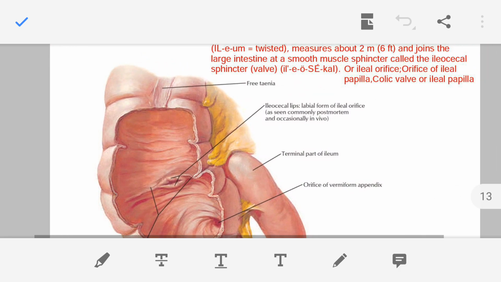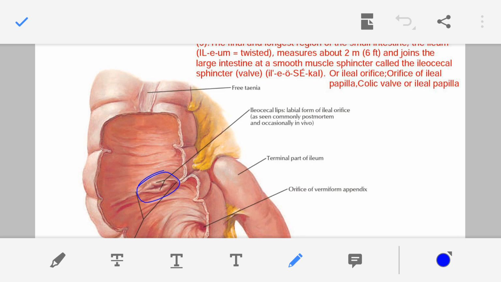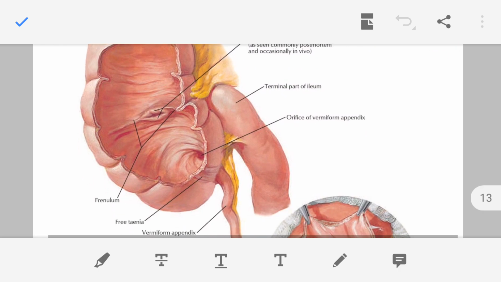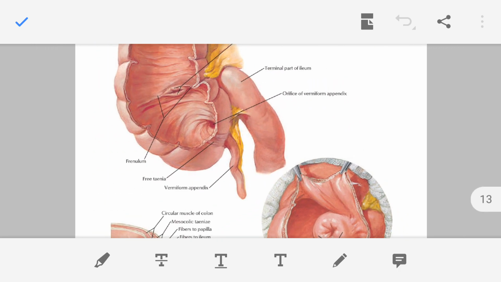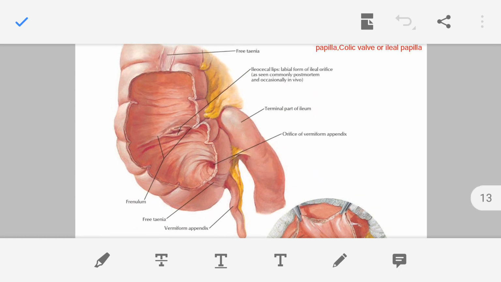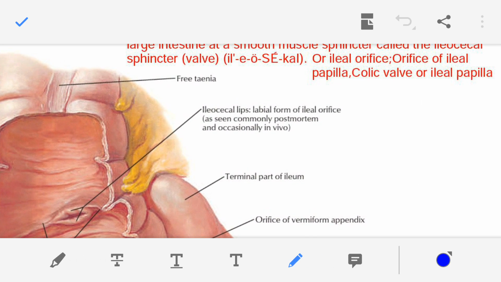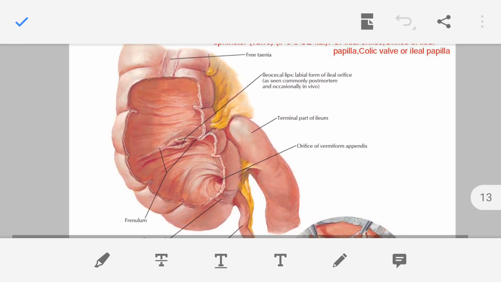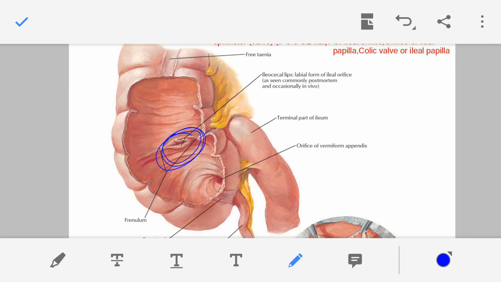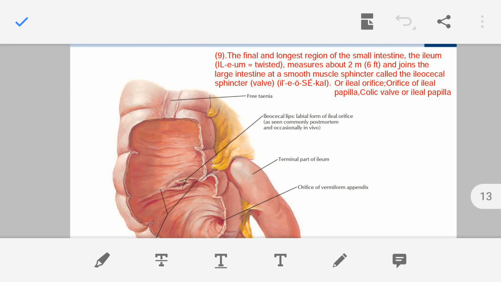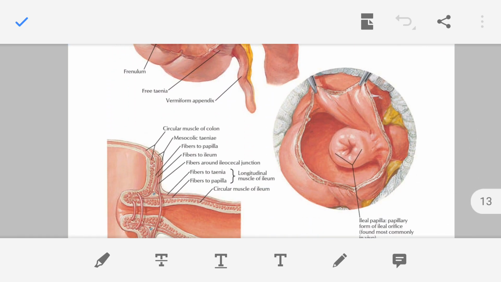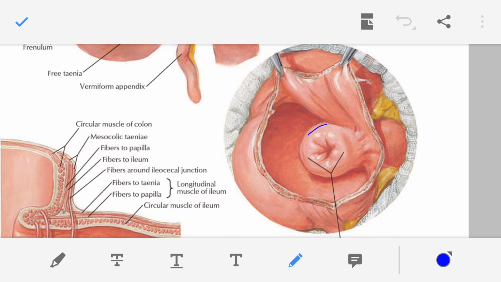This entire structure is the ileocecal sphincter, but this sphincter is of a dead person, because here they have written, as seen commonly post-mortem. In a dead person this wall looks like this, and in a living person the ileocecal sphincter looks like this.